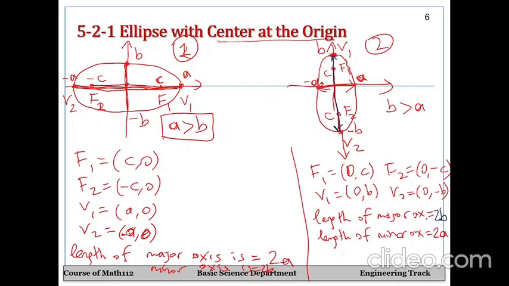Now, let's come to the very important property here. This is the very, very important part. It's coming from the property of the ellipse, because of the setup here. So, look at here.